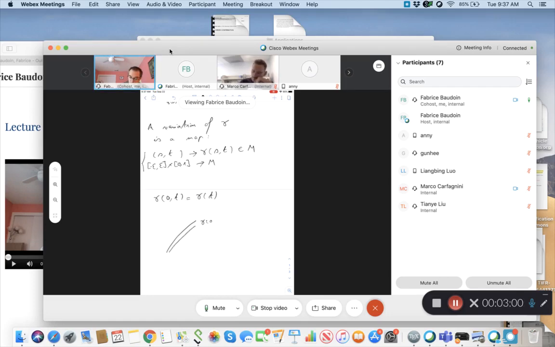So the first one will be gamma of 0,t, and then you have another curve, gamma of s,t. Okay, so it should be seen as a tube around gamma. That is, we want somehow to move the curve gamma smoothly around in the manifold.